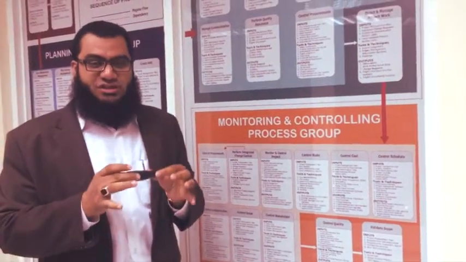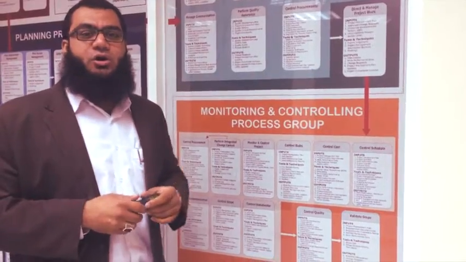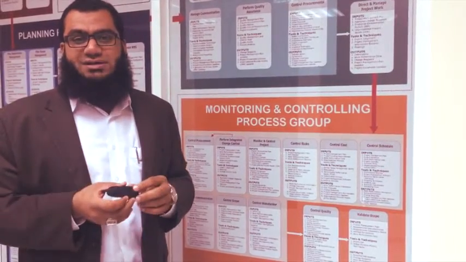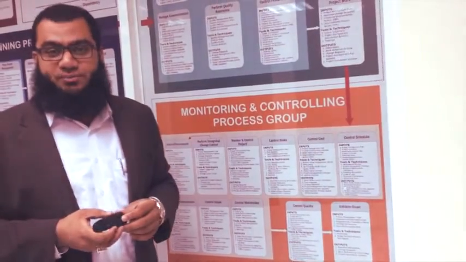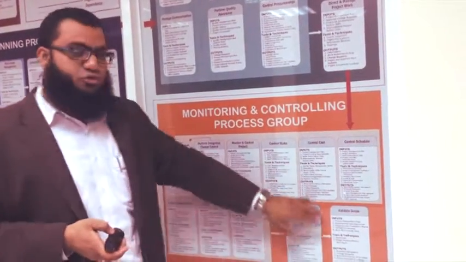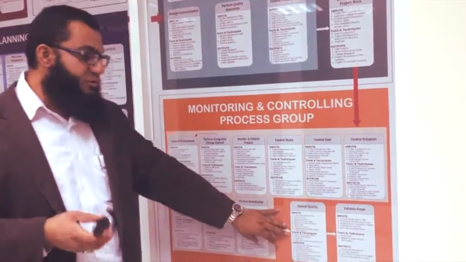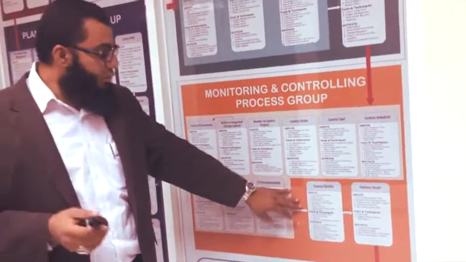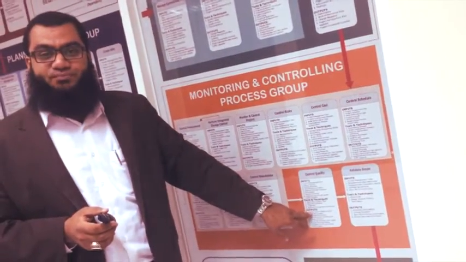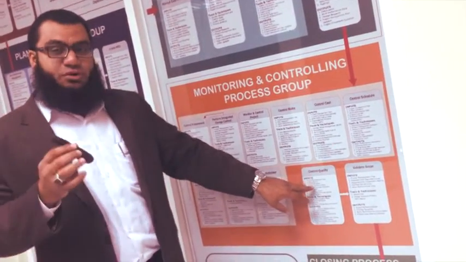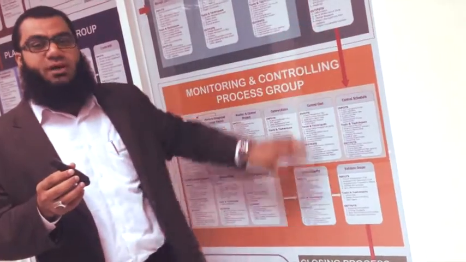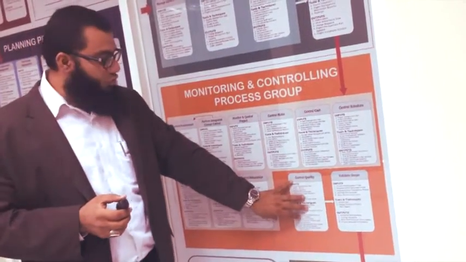They check the product, and they will pass it, or give you a quality control signature or certificate that you passed the quality. This is done in quality control, and then this deliverable will be called a validated deliverable.